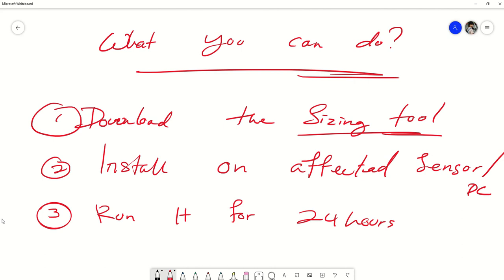For example, does the CPU core require an increment for packets running at 10K and above, or RAM resources that need to be incremented, or storage. So running this sizing tool really helps you a lot.